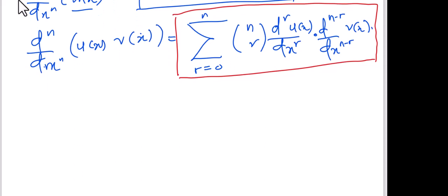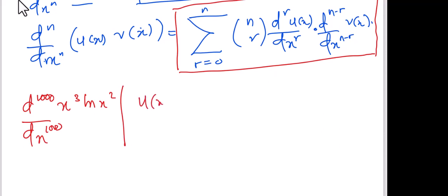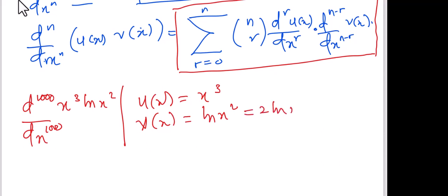So let's see how we are going to do that. Now we have something like d 1000 of x cubed ln of x squared over dx 1000. So here our u of x is equals to x cubed, and our v of x is equals to ln x squared. But remember that this one is the same as 2 ln x.